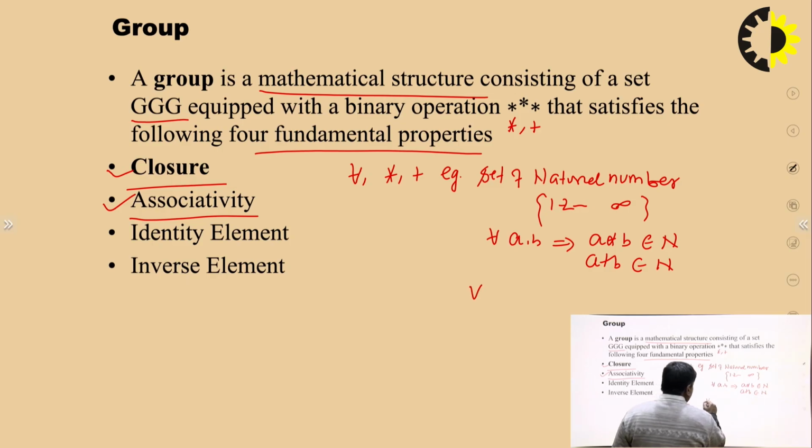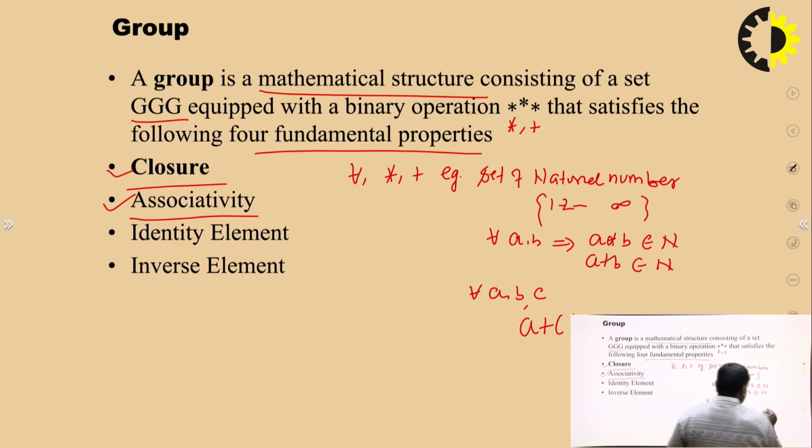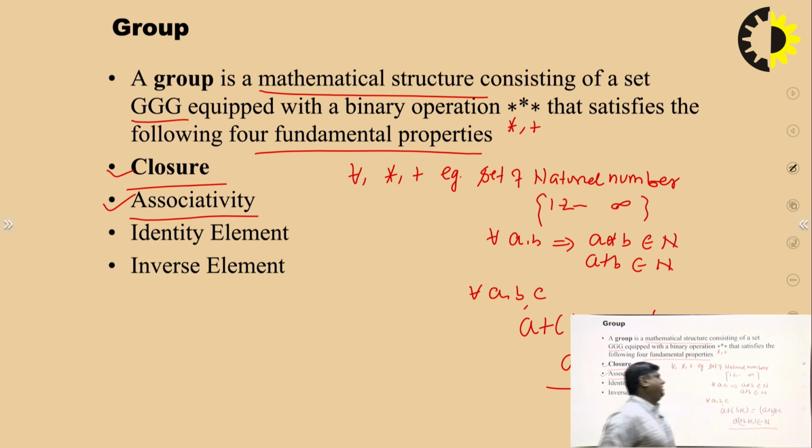It means for every a, b, c, we operate the two operations, multiplication and plus. It means (a plus b) plus c is equal to a plus (b plus c), and a plus b plus c also belongs to the natural numbers.